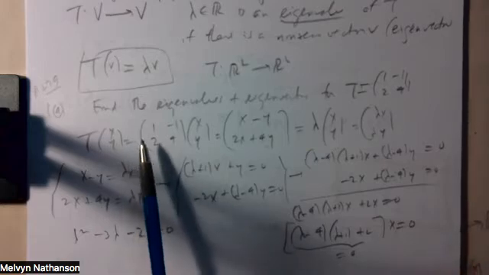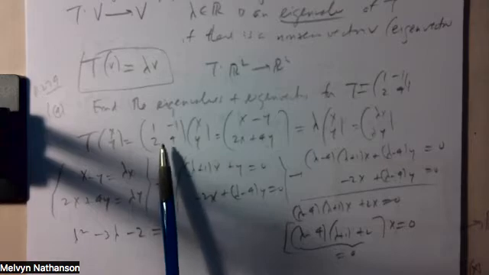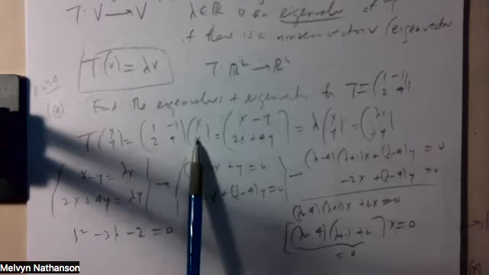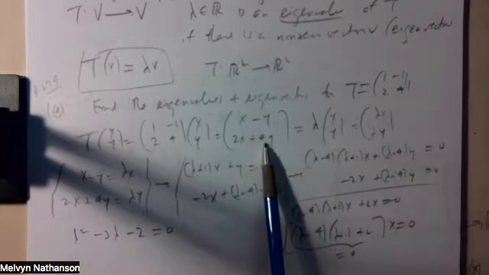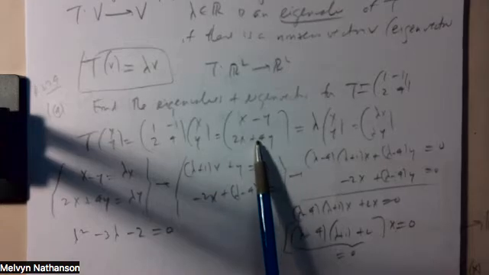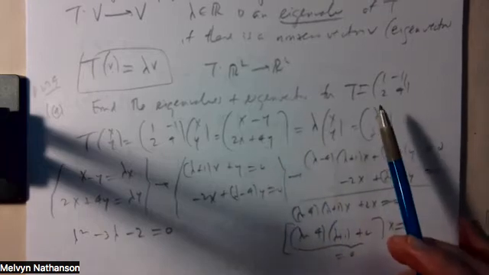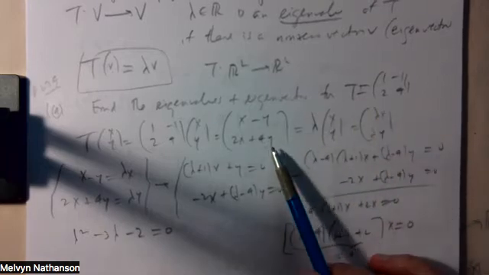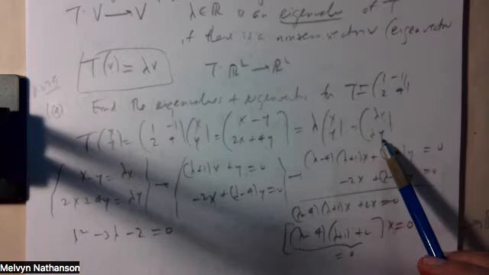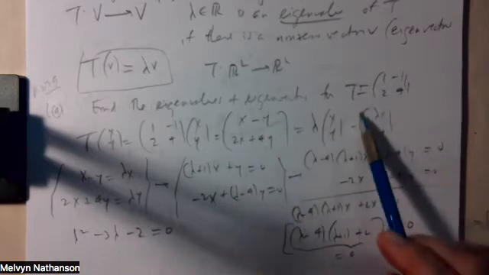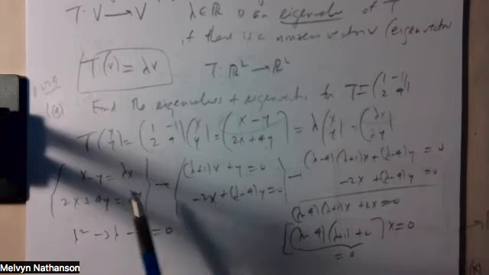I have my matrix 1, minus 1, 2, 4. If I apply that to a vector (x, y), I get (x minus y, 2x plus 4y). And I want to know when there is a lambda such that for some non-zero (x, y), this is just lambda times (x, y). So if I compare the first coefficients, x minus y has to be lambda x.